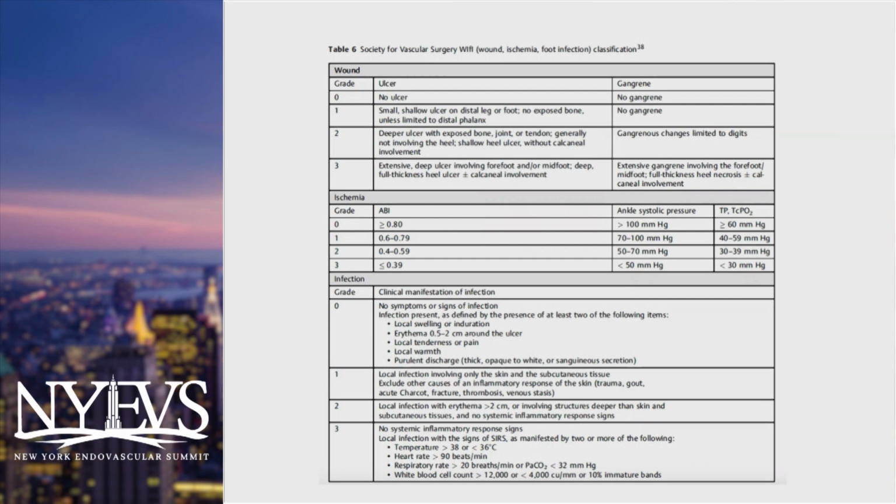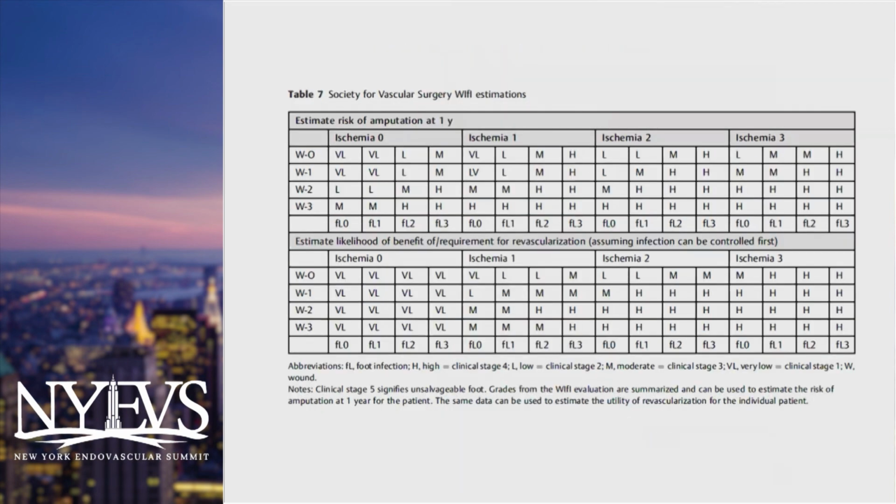Again, it did not have an underlying anatomical extent of the disease, but it did help. The way WIfI is useful is that it gives an estimate of amputation at 1 year and the estimated likelihood of benefit of or requirement for revascularization in different categories.